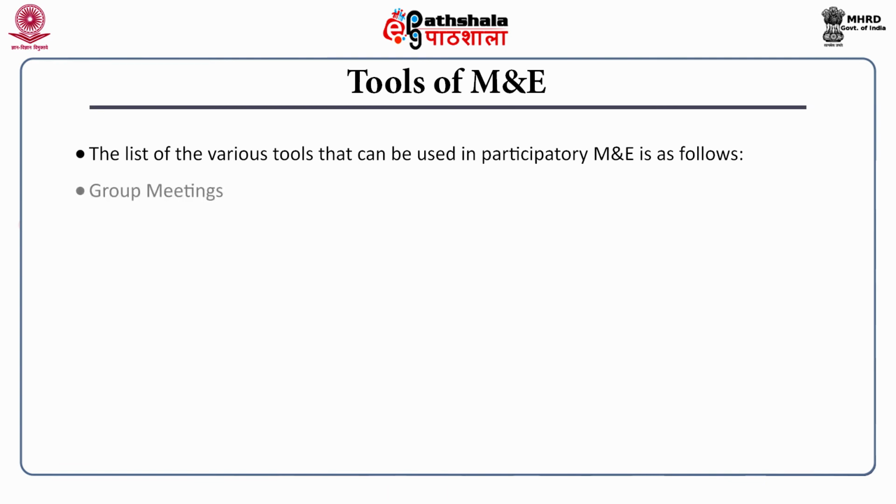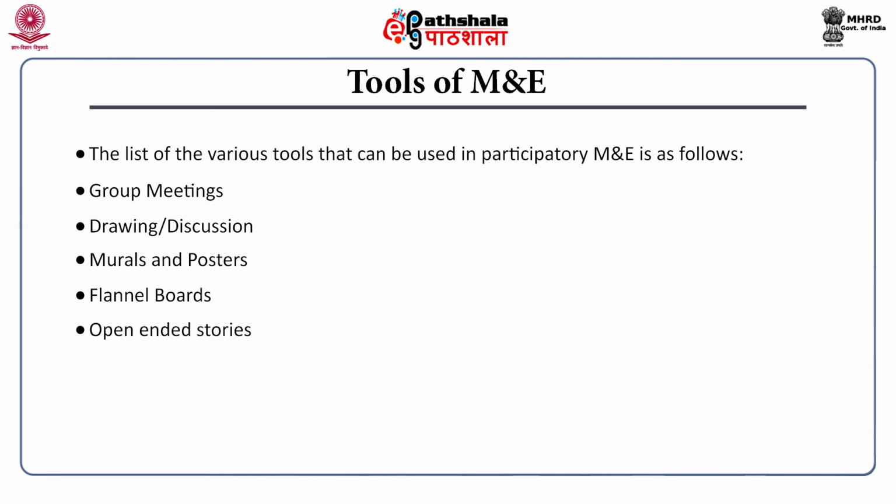Number 1, group meetings. Number 2, drawing and discussion. Number 3, murals and posters. Number 4, flannel boards. Number 5, open-ended stories. Number 6, unserialized posters. Number 7, community case study.